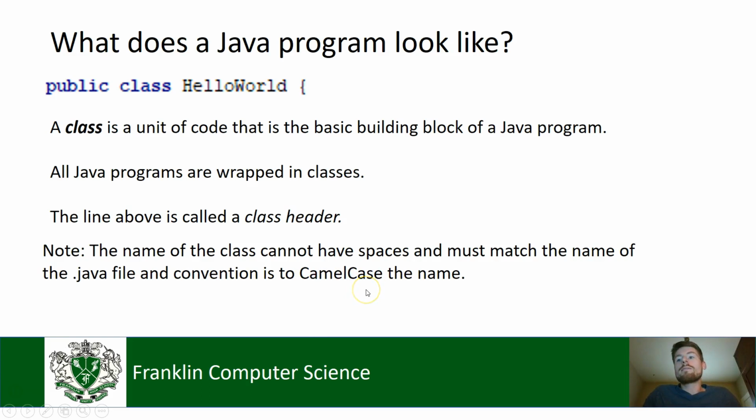So if you had 4 words in this, you would have uppercase, lower, lower, lower, uppercase, lower, lower, lower, uppercase, lower, lower, lower, uppercase, lower. It's a lot easier to read this than if I were to write it all out in lowercase letters. You can see it's camel case, and this one is hello world. Okay, so that's our convention.